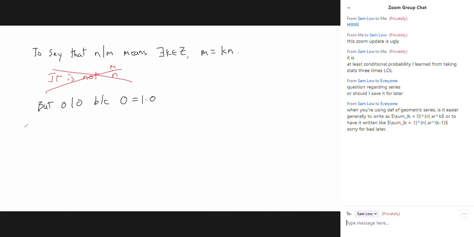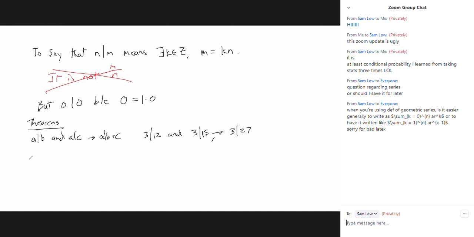All right, so what are the things from this chapter we needed to know? Well, we had our theorems. We had if A divides B and A divides C, then A divides B plus C. So, if 3 divides 12 and 3 divides 15, then this means that 3 should divide 27.